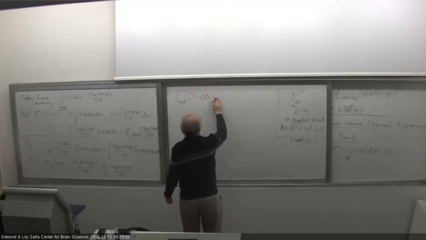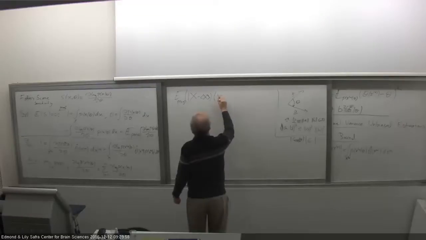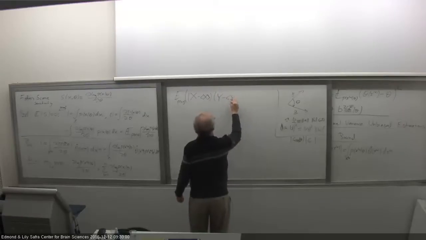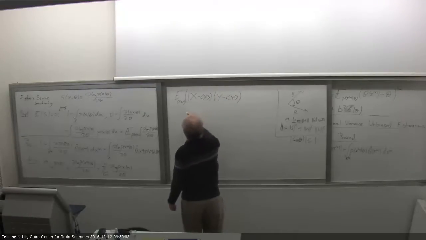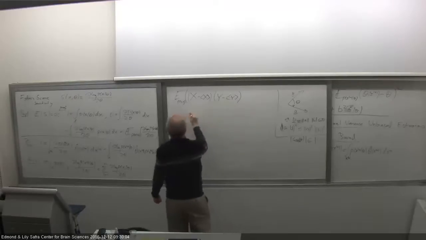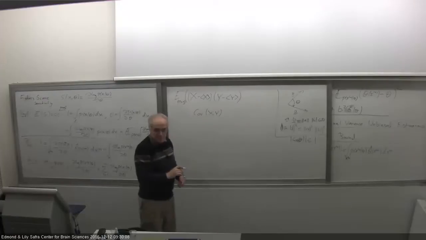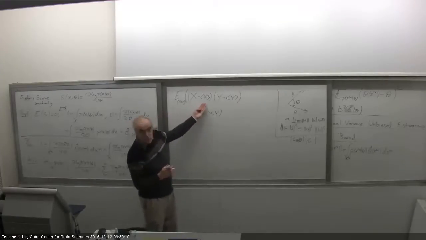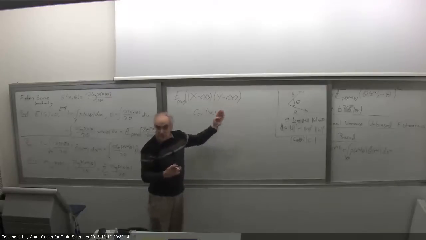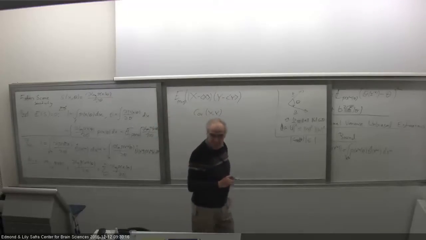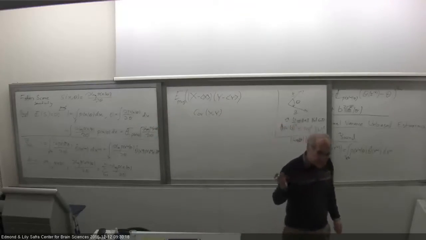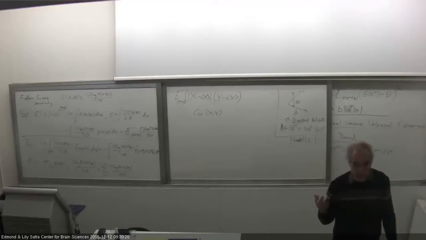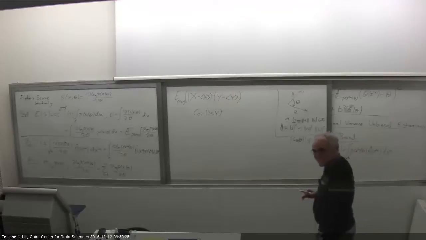If I have the covariance of two variables, this is essentially how we define covariance of x and y. So we take x minus its average multiplied by y minus its average, and average. So in other contexts it's very closely related to the correlation of x and y. I'm sure you've seen it before.